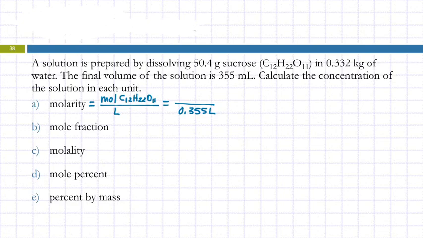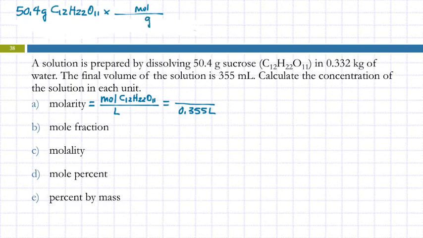So 50.4 grams of sucrose, C12H22O11. We're going to use the molar mass, moles on top and grams on the bottom.